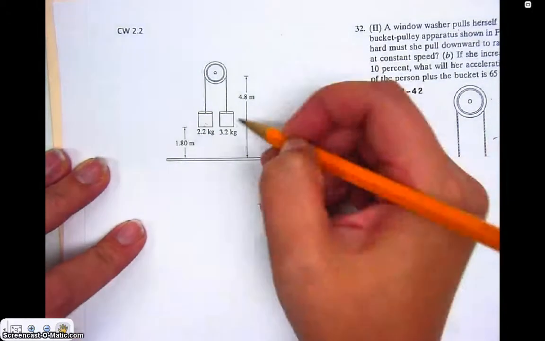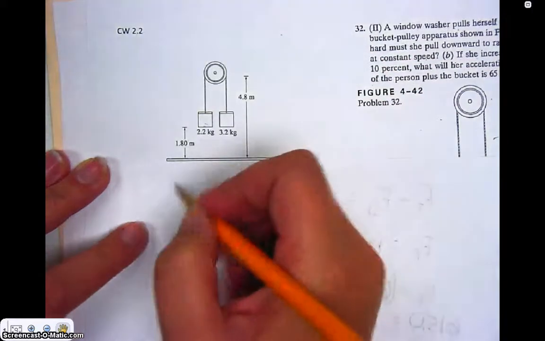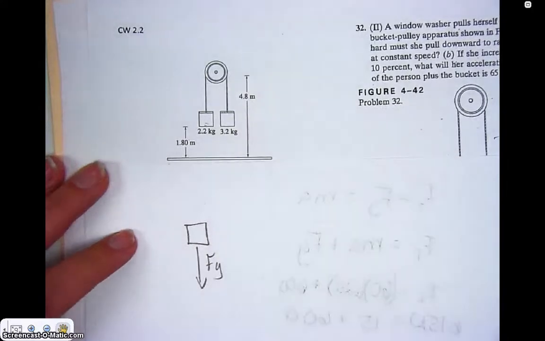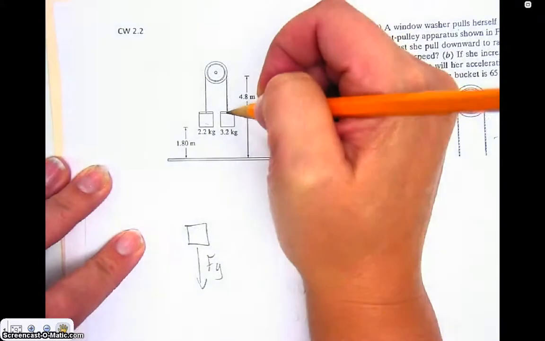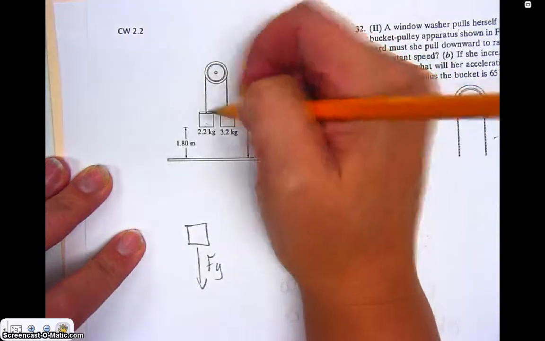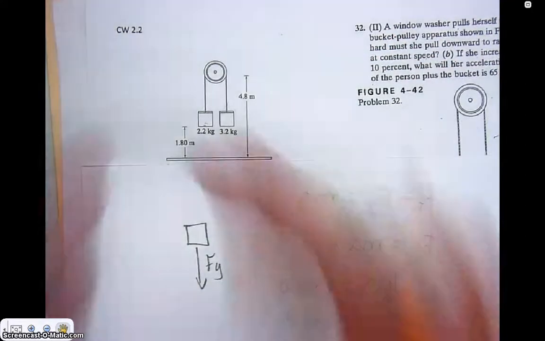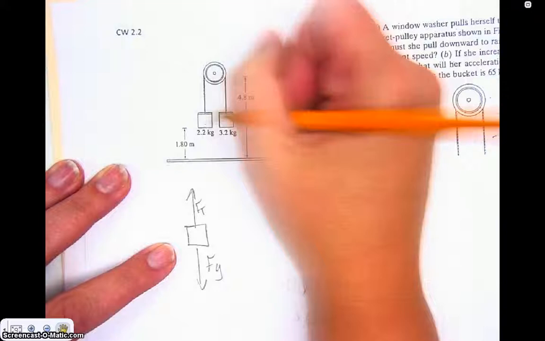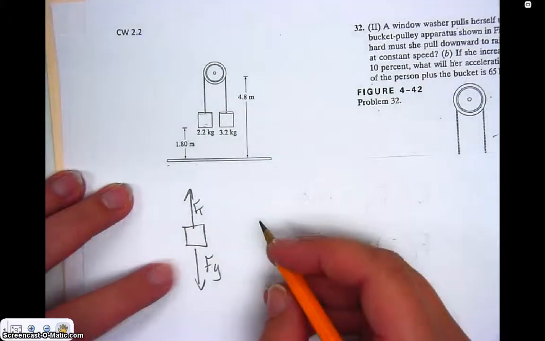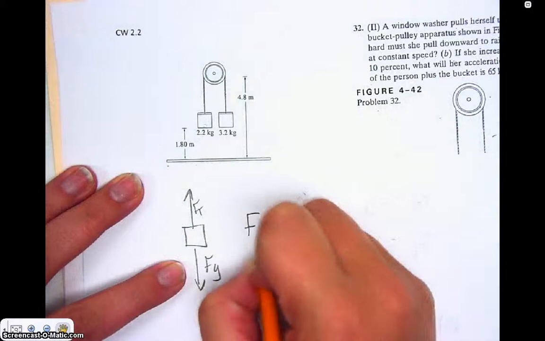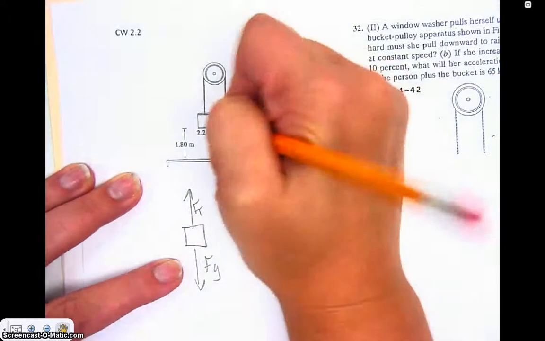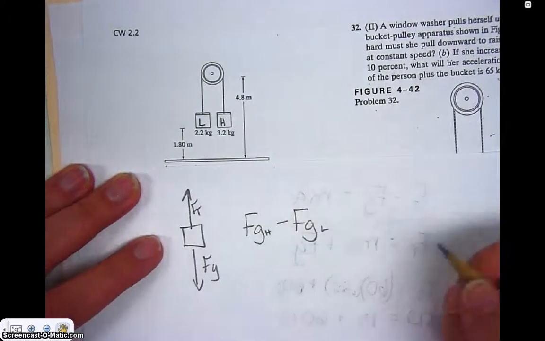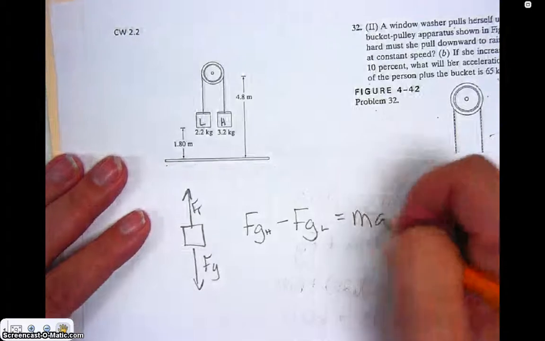The 3.2 kilogram mass exerts a force due to gravity in this direction, and it pulls on the other one, whose weight pulls back in the opposite direction, producing a tension. So the weight of the heavier object minus the weight of the light object gives us mass times acceleration.